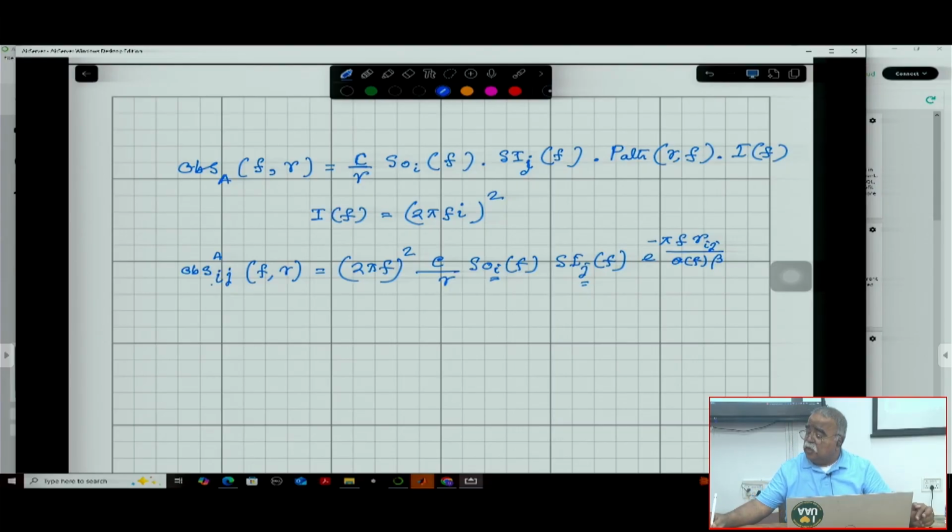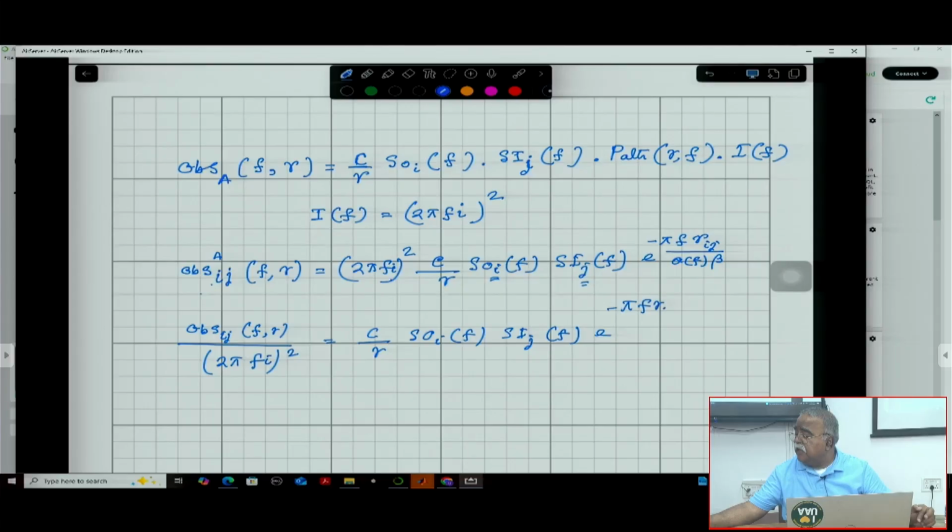So if I divide the observed acceleration spectra, multiplied by r, by (2 pi f) squared, then this will be equal to c by r into S0i of f plus Sij of f into e to the power minus pi f Rij divided by Qf into beta.